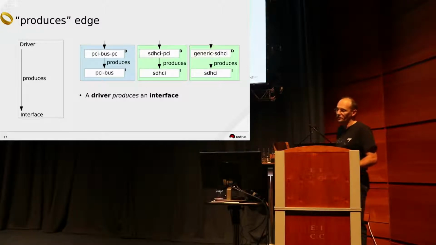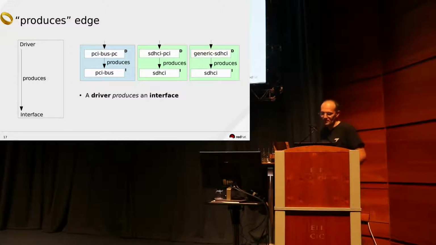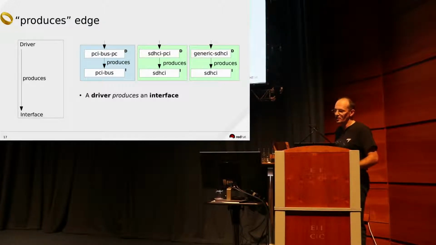It will be used by the drivers of the PCI card to access the device on the PCI card through the PCI bus. The two other examples are the two other drivers that control and give access to the SD card controller from a PCI card, the left one, or from the memory mapped I/O space. It's the case of the PCI card and the case of the ARM machine we have seen just before.